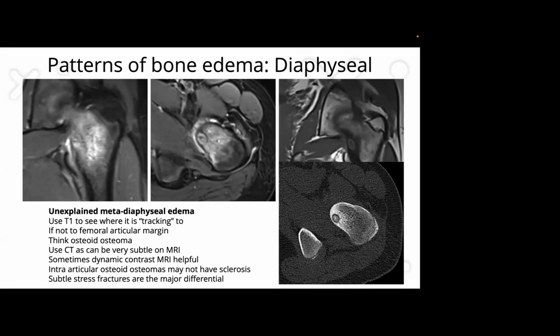And the second thing is early osteoid osteomas, especially if they are intra-articular, don't show that characteristic sclerotic rim, and they don't have the same degree of sclerosis and bone remodeling that you would see in an extra-articular osteoid osteoma. So you might tend to miss these. Dynamic contrast MRI is something that you can consider. And then subtle stress fractures are a major differential consideration that you should think about.